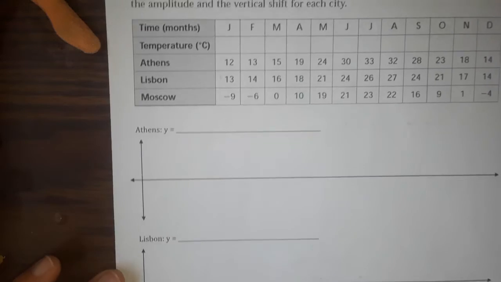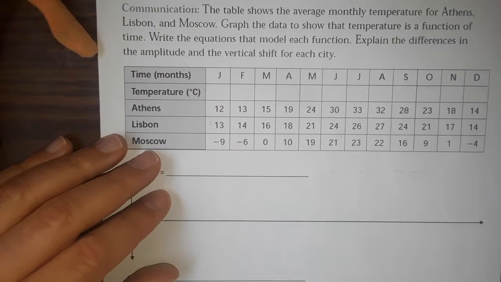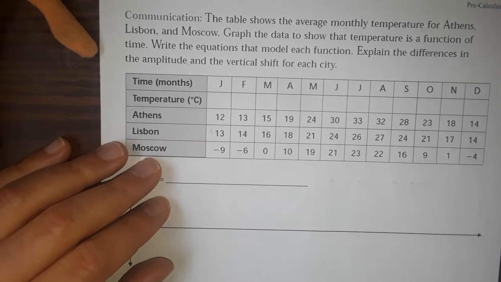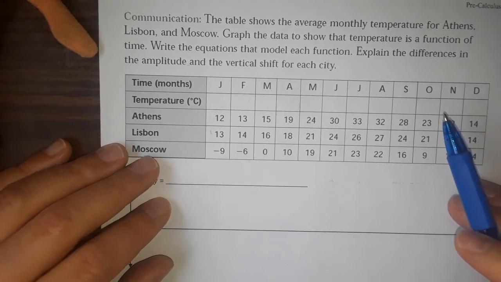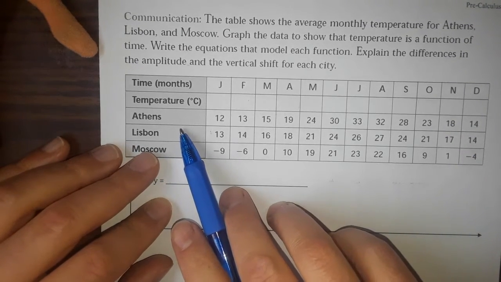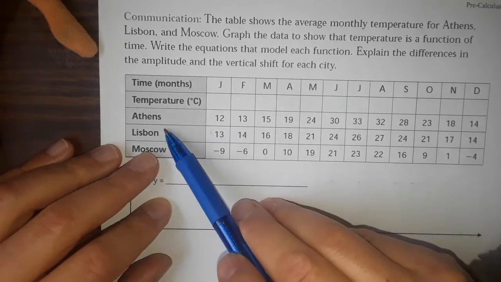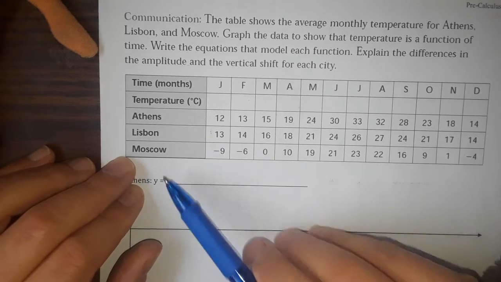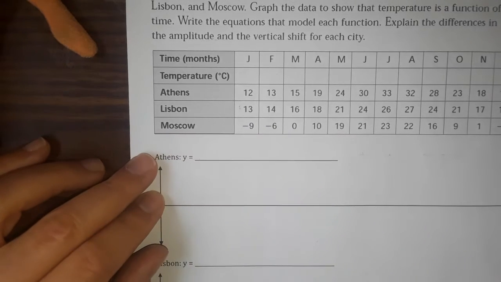Here we have another problem about sinusoidal modeling. We have this table of temperatures in Athens, Lisbon, and Moscow. We want to do graphs, and we want to find the function or the equation that models this function.